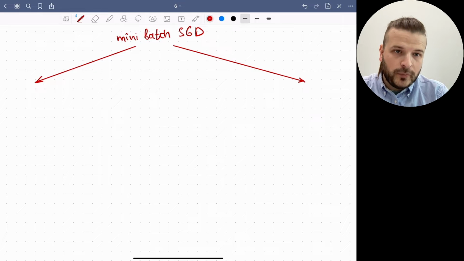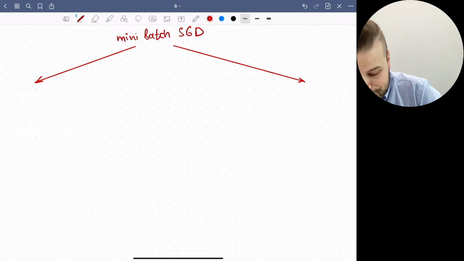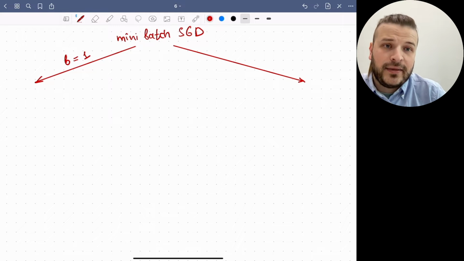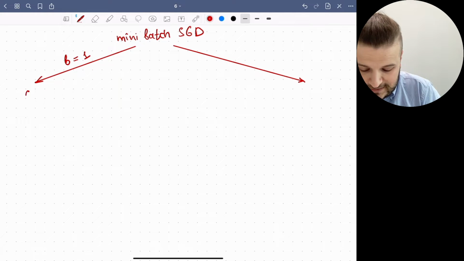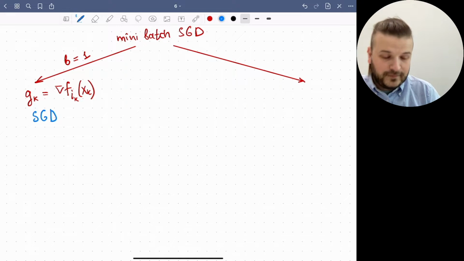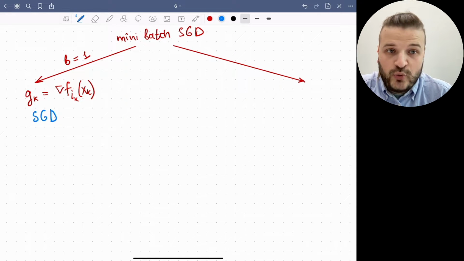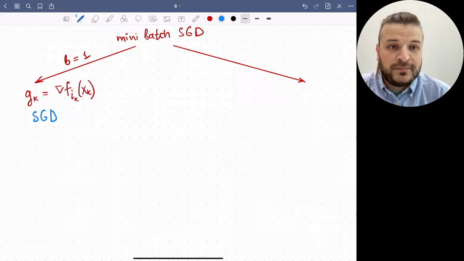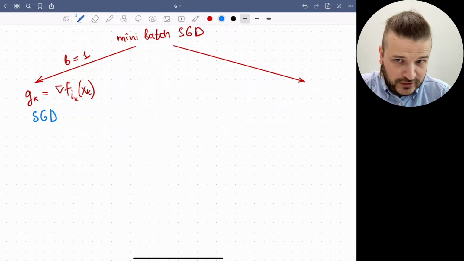When the batch size is equal to 1, the stochastic gradient becomes just the gradient of f_ik at x_k, and that's the SGD iteration which was discussed before the mini batch SGD version.